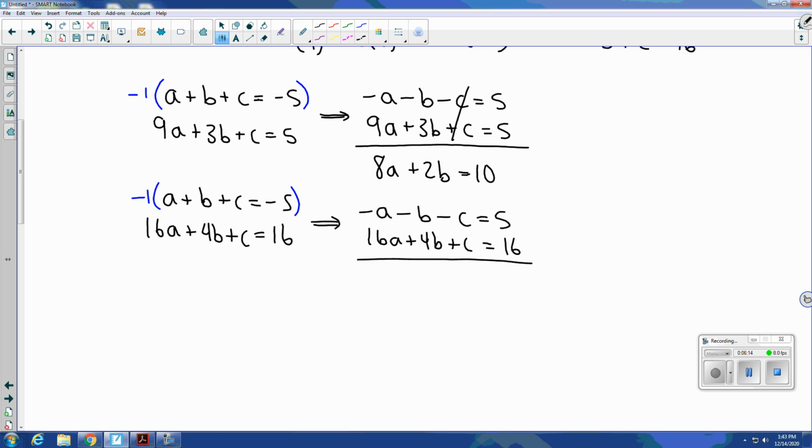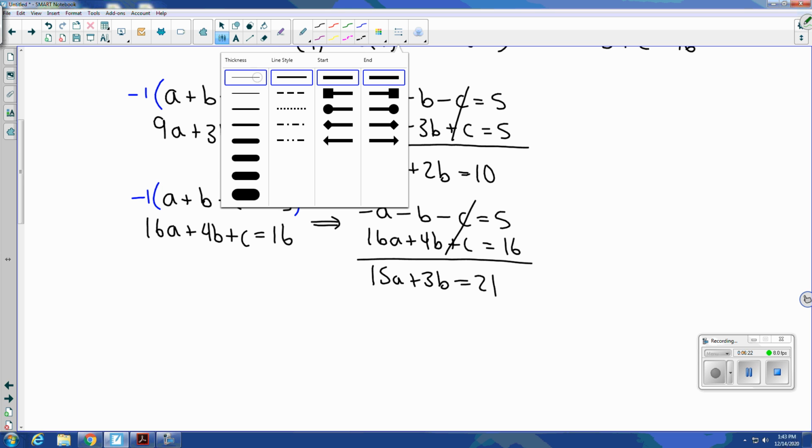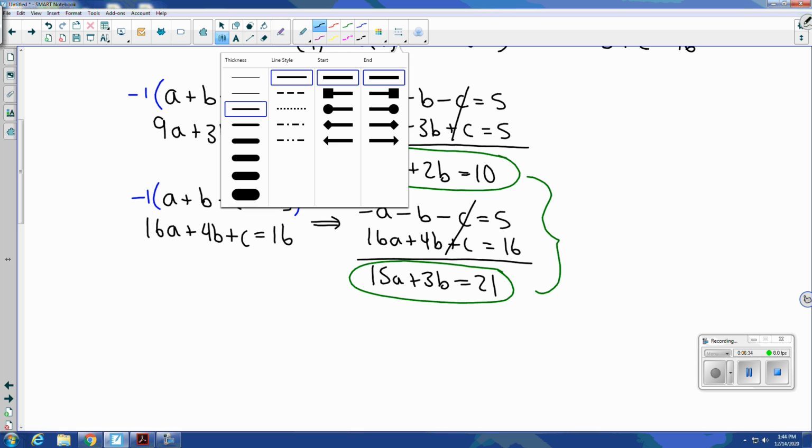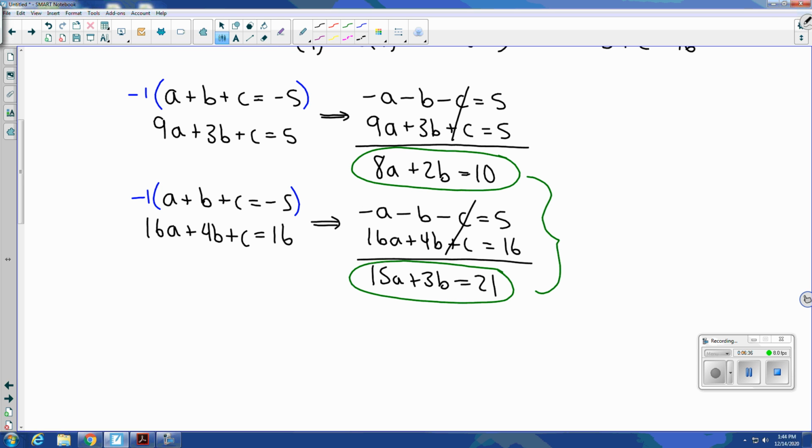When we add these equations, the c's now eliminate, and we have 15a plus 3b is equal to 21. By selecting pairings and eliminating the same variable from the pairings that I select, I have produced two new equations that are responsible for forming a new system of two unknowns.